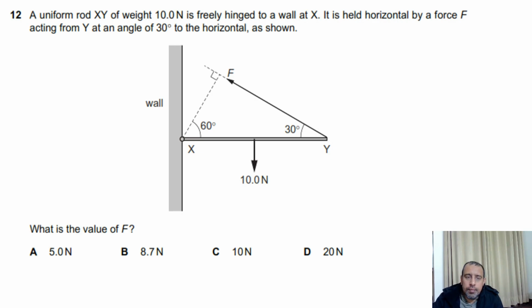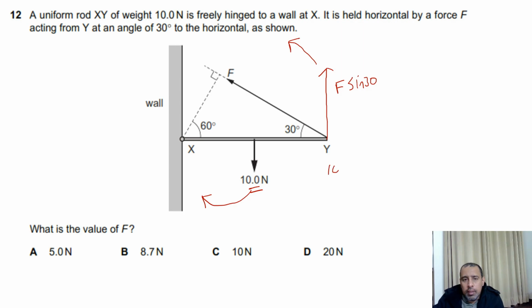Now, in this case, there's a force of 10 Newton acting on this rod, and this force is downward, and there is another force which is acting upward. So we have to divide this F into components. This one is called F sine 30, and this will produce the moments in this way, while this force will produce the moments clockwise.